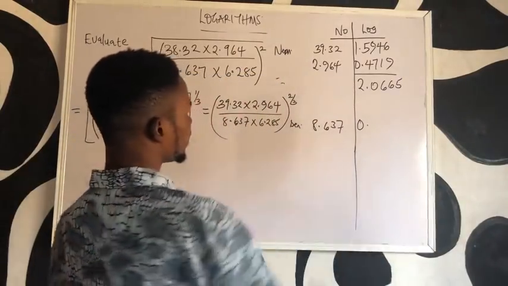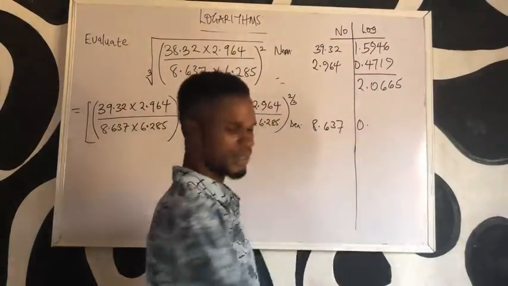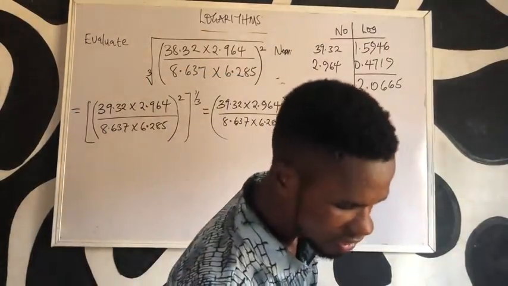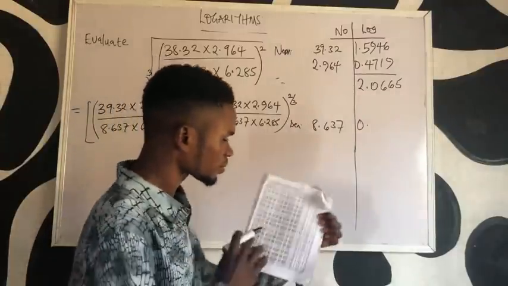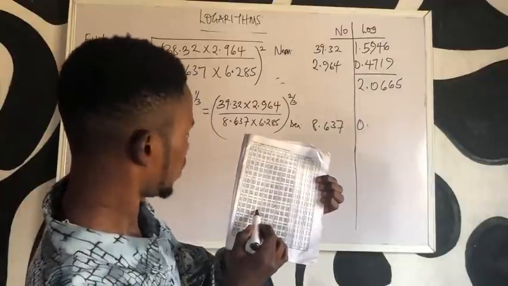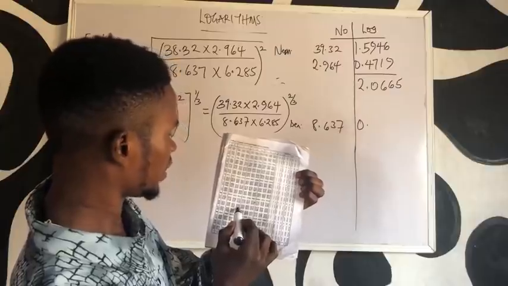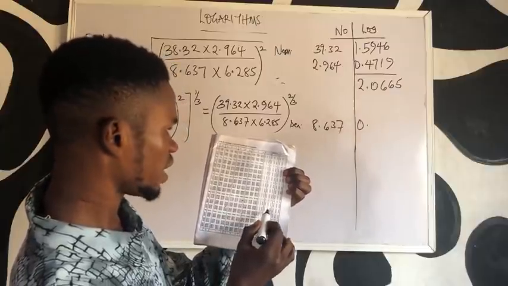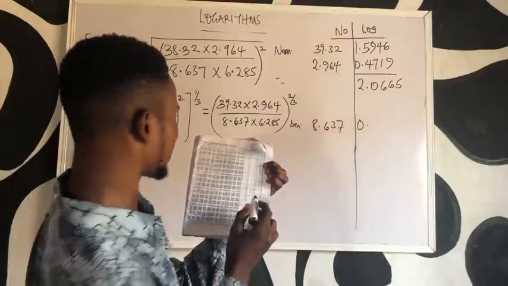Now the logarithm of 86 under 3, difference 7. 86 under 3 is 9360. Difference 7 is 4. So that's 9364.